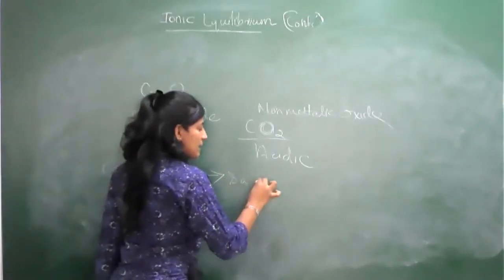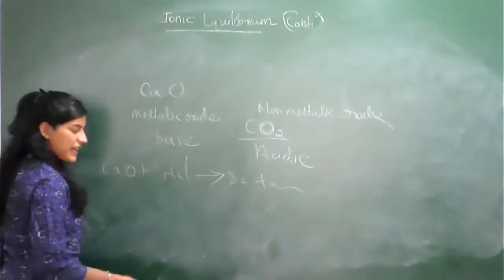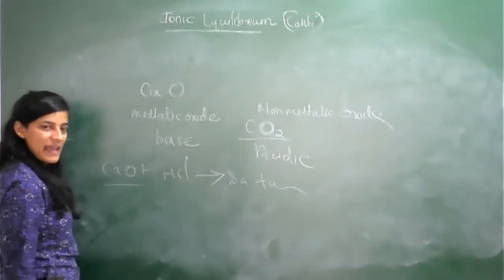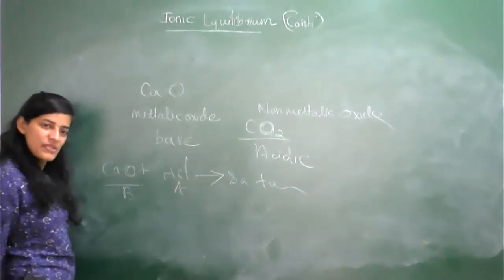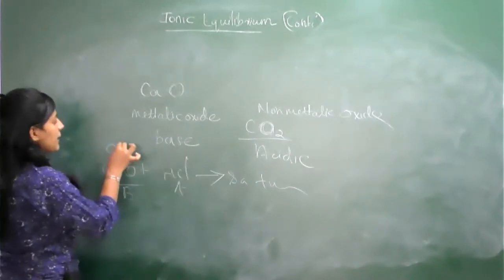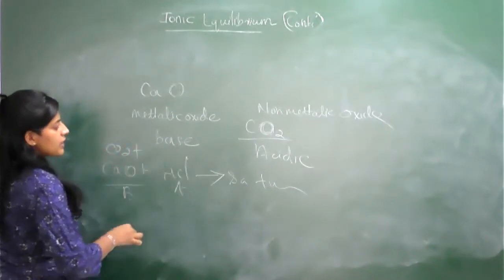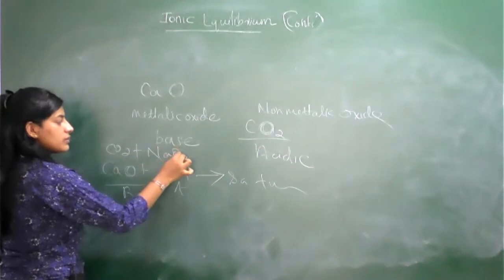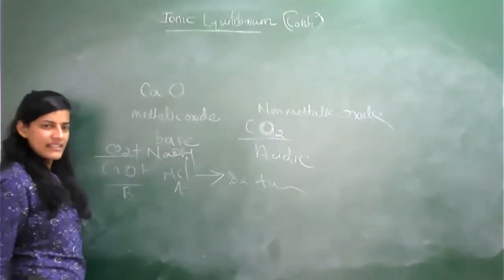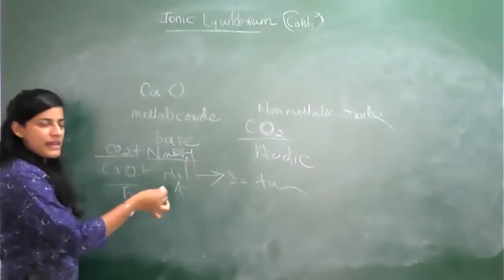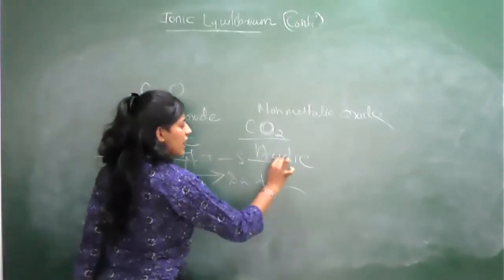Definitely a salt plus water. Because calcium oxide acts as a base, it is reacted with an acid, definitely a salt plus water will form. Also carbon dioxide plus NaOH, suppose, any base. Carbon dioxide here acts as an acid, then here base. Acid and base definitely form a corresponding salt plus water.